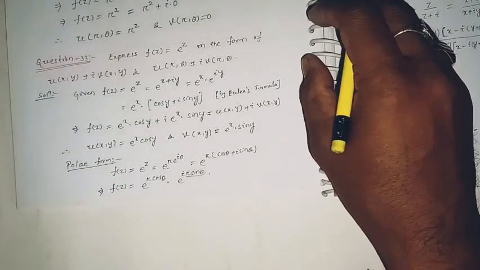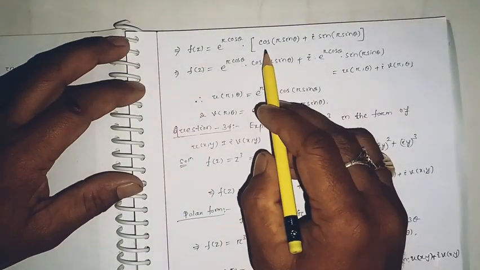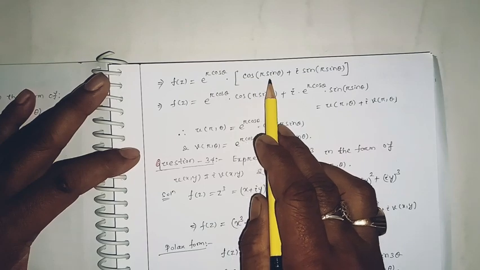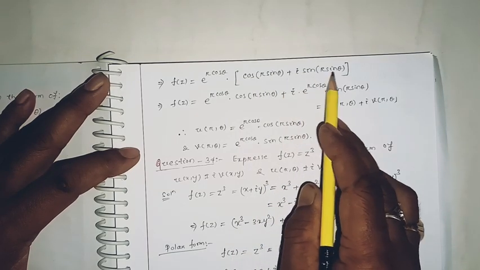So by using Euler's formula, what can we write? cos plus i sin. Here we consider r sin θ as an angle, so it will be cos(r sin θ) plus i sin(r sin θ).